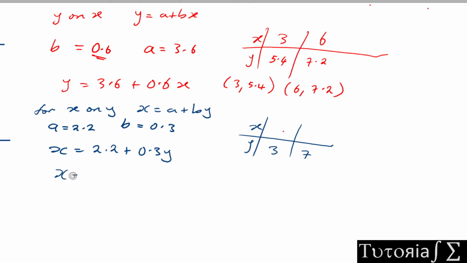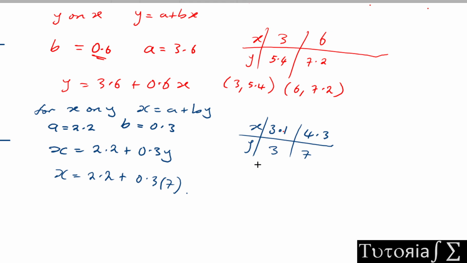We put in the equation x is equal to 2.2 plus 0.3 times y, where y is 3. We simplify that and get 3.1. Then we do the same for 7: 2.2 plus 0.3 times 7, that will be 4.3.